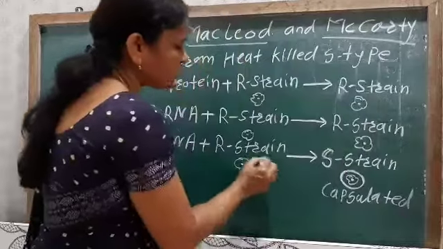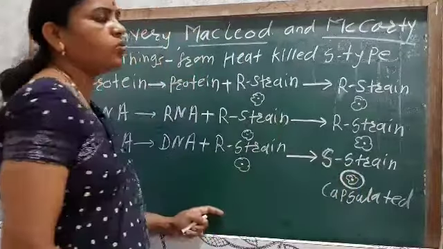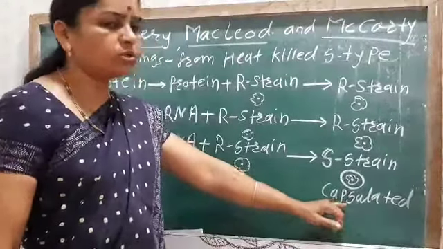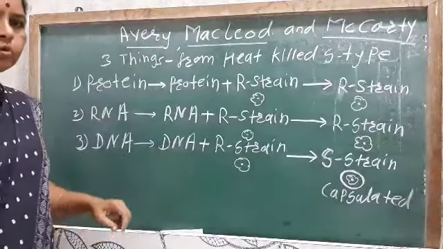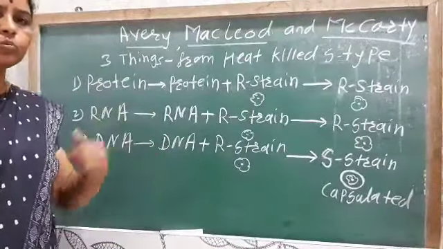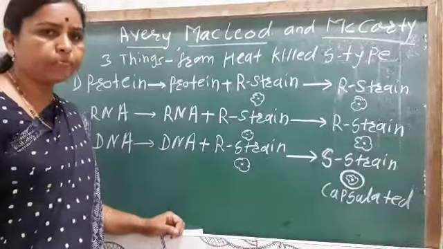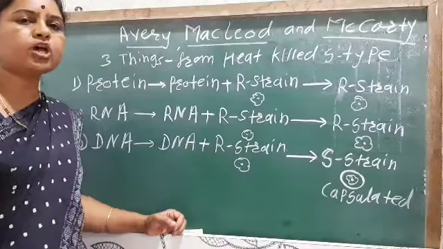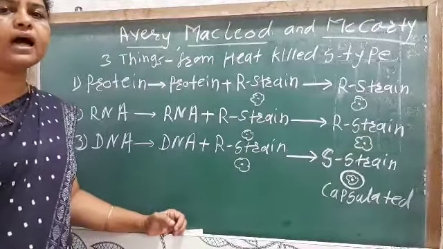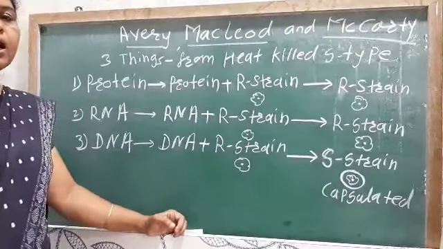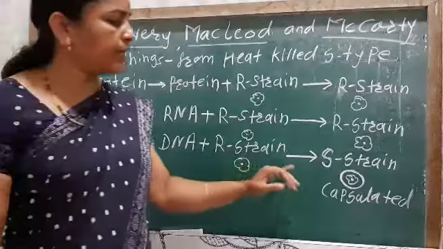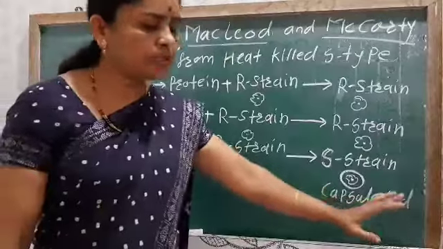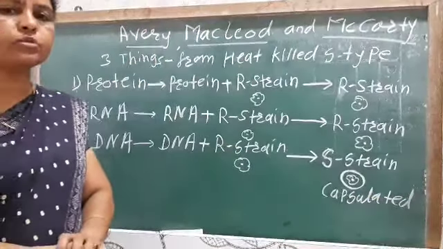The R strain bacteria produce the wall around itself, become capsulated, and become pathogenic. Griffith, by his experiment, proved that there is one transforming principle due to which, in the mixture of heat killed S type and the R strain bacteria, the R strain becomes capsulated and converts into the S strain.